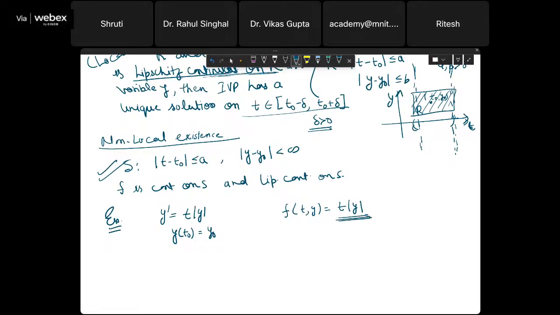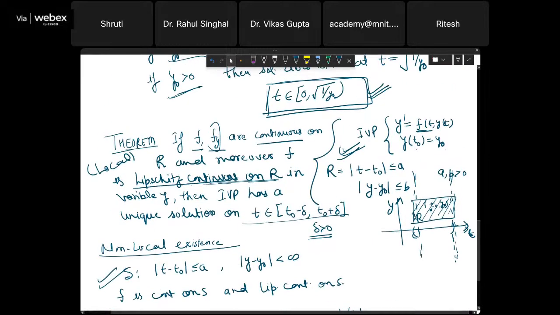This function is not going to be differentiable at y equals 0, so we cannot find f_y. It does not exist at y equals 0.